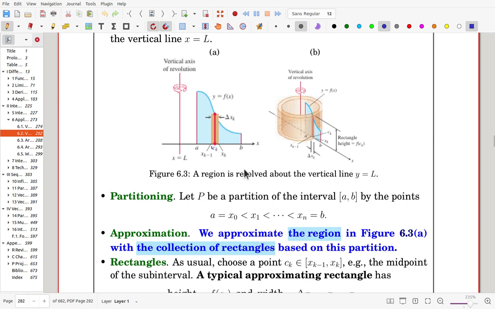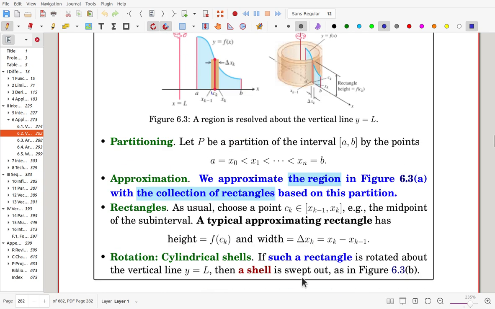For each subinterval, we try to make a rectangle so that the collection of rectangles will approximate the whole region. For instance, in the kth subinterval, we can choose a c_k, then the approximating rectangle has height f(c_k), and the width must be delta x_k.